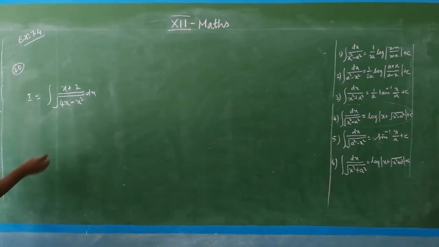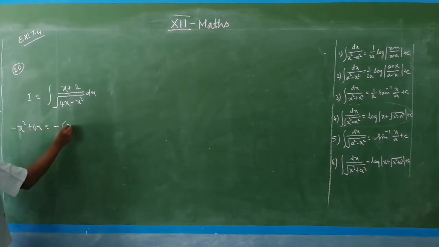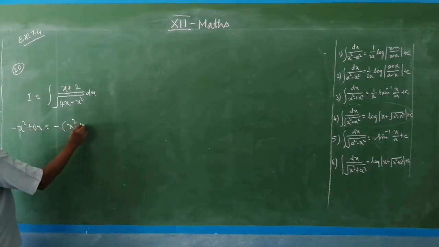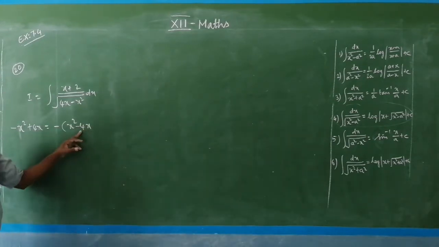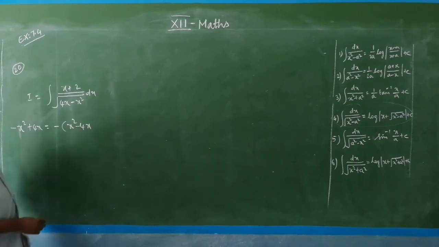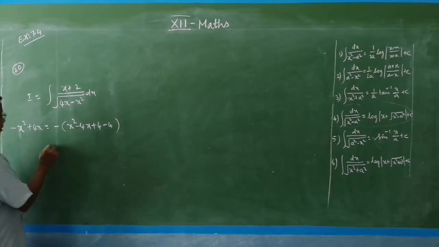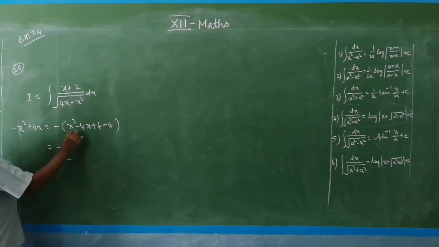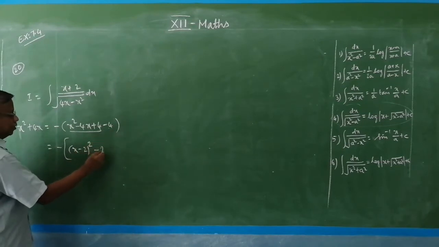The denominator can be written as minus x square plus 4x, which is equal to minus of (x square minus 4x). So add and subtract 4. The coefficient of x is 4, half of it is 2, squaring 2 we have 4. So plus 4 minus 4, this is equal to minus of ((x minus 2) the whole square minus 2 square).